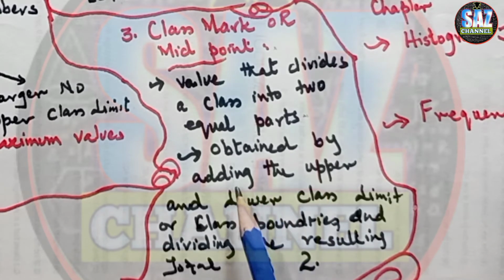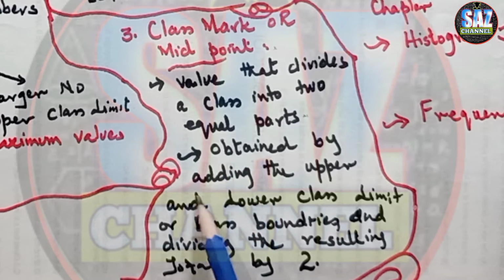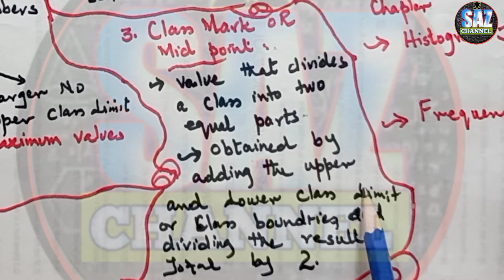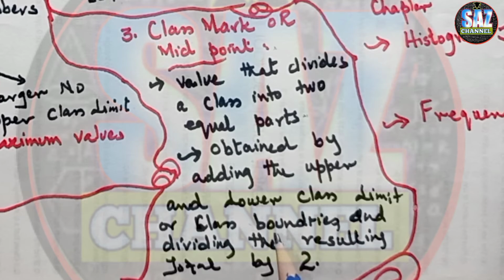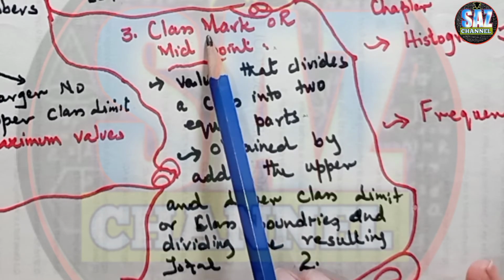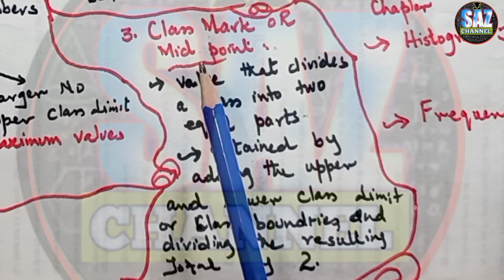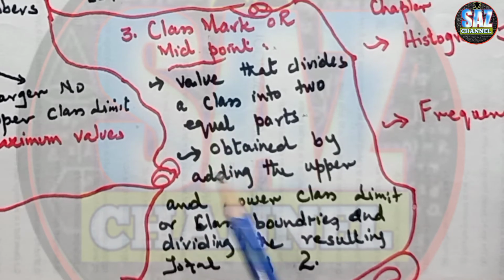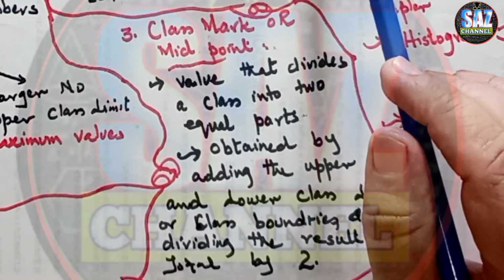Whatever number comes, we divide it by 2 to get the class mark, or midpoint, or x value.